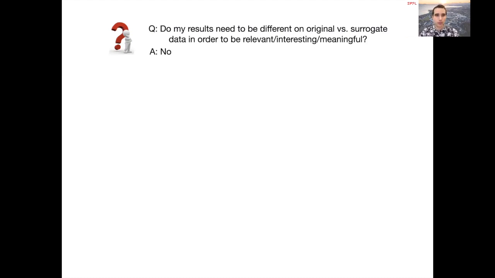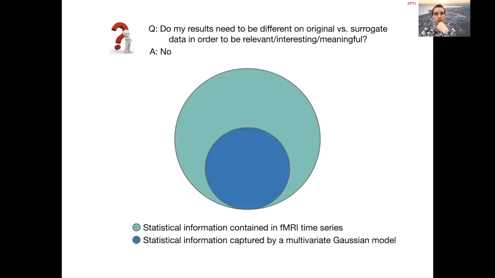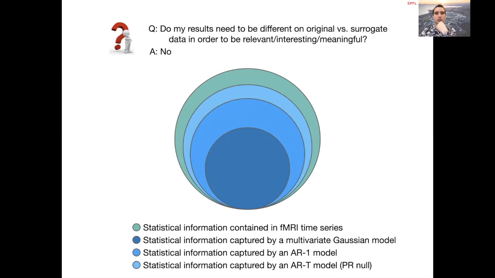To better clarify this and give a different perspective, let's represent the overall statistical information contained in fMRI time series by this big green circle and the nested information that is preserved by the different nulls. We have the Gaussian one, the AR1, and the phase randomized one that preserve increasing amounts of information.